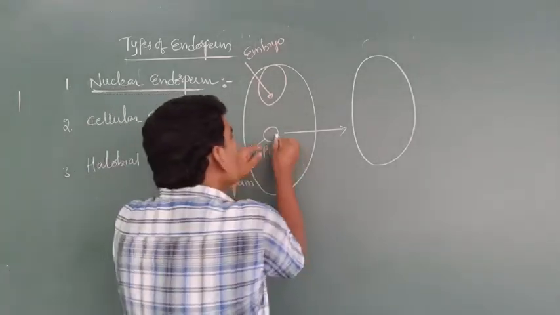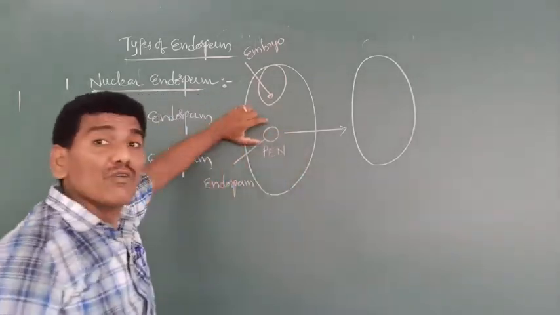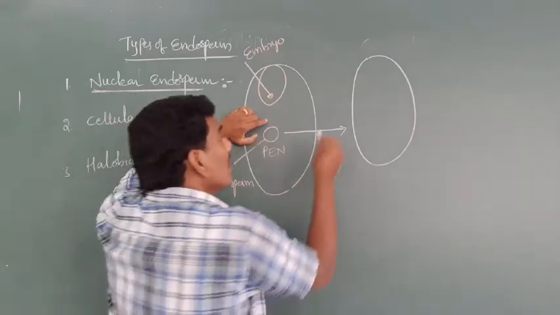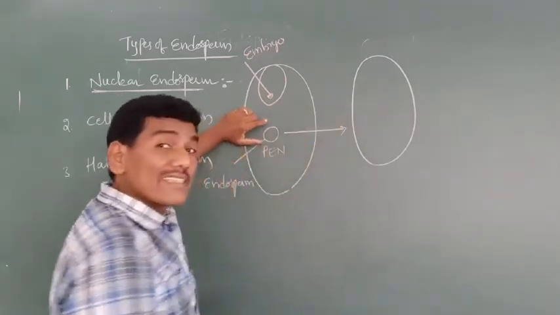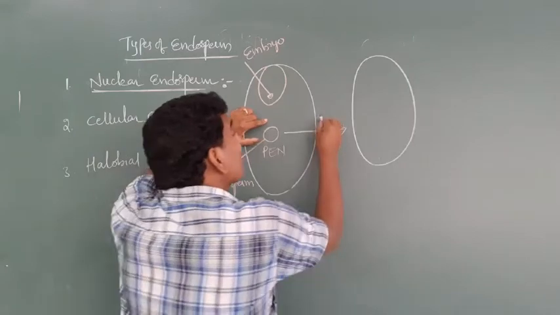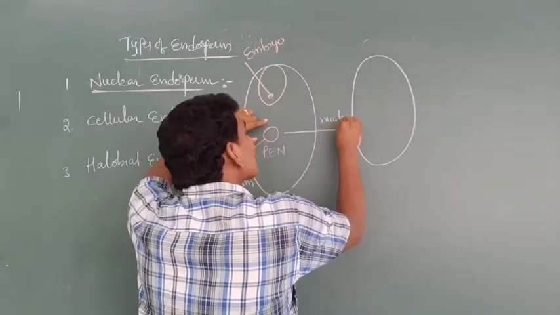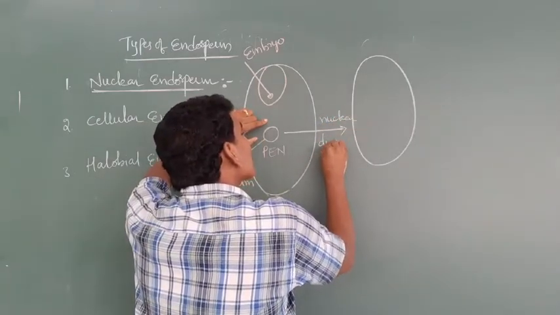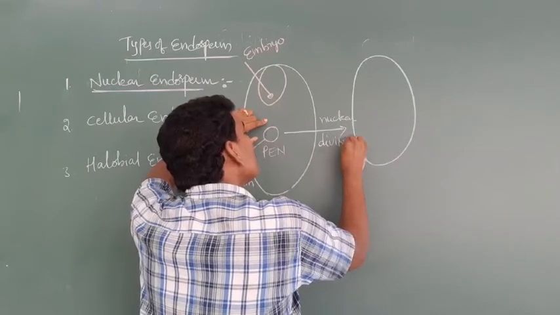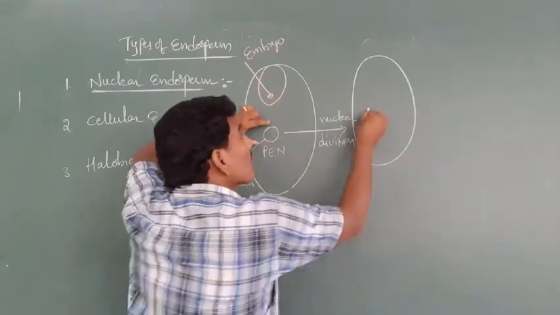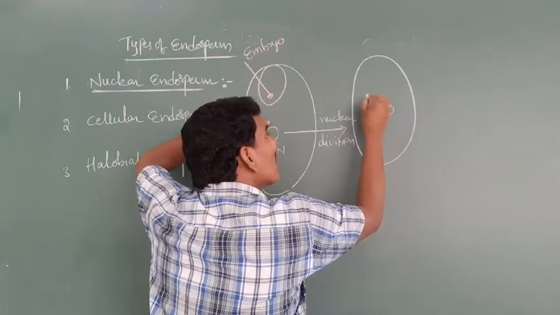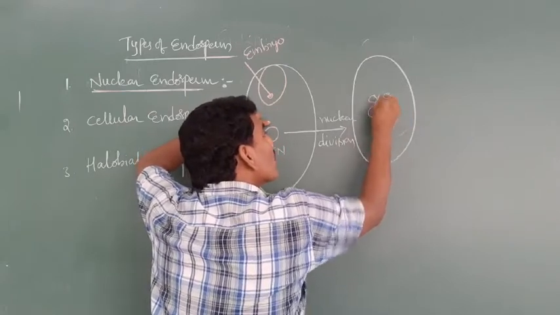See this one here. This is the primary endosperm nucleus. Here it undergoes successive nuclear division. From that one nucleus, two nuclei are formed. From those two nuclei, four nuclei are formed.